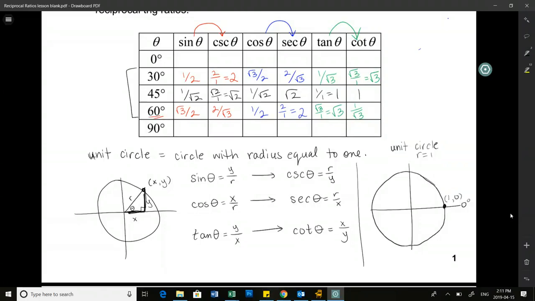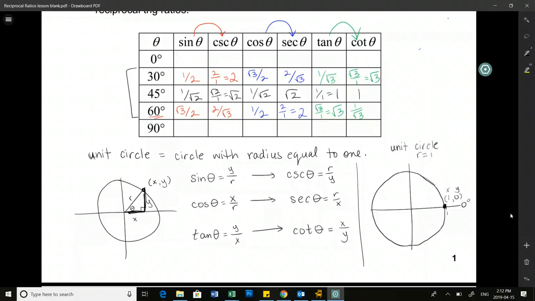Well, it doesn't matter how big or small I make it, right? But this is 1 unit here. Okay, so my x here is 1, and my y at this point is 0. My radius is 1.